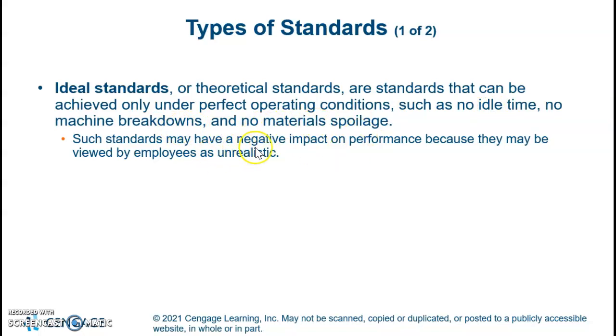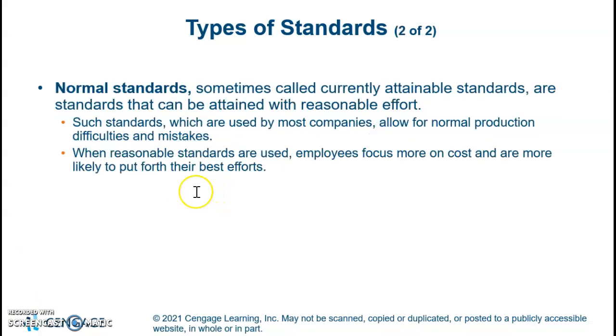Such standards may have a negative impact on performance because they may be viewed by employees as unrealistic. The second type of standard is normal standards, or sometimes called currently attainable standards. These are standards that can be attained with reasonable effort. Such standards, which are used by most companies, allow for normal production difficulties and mistakes.